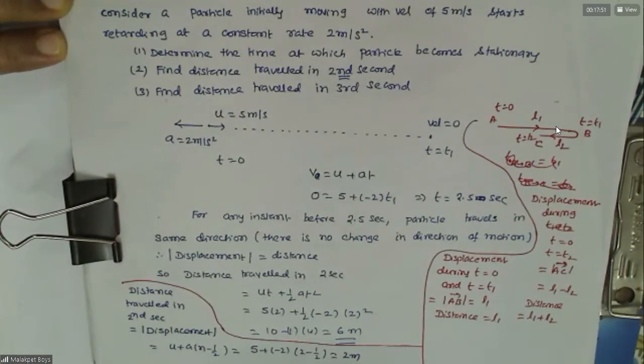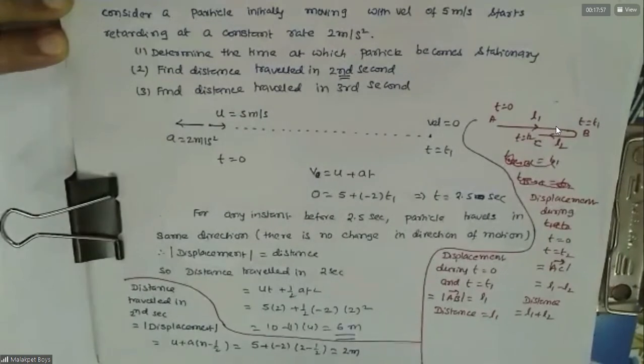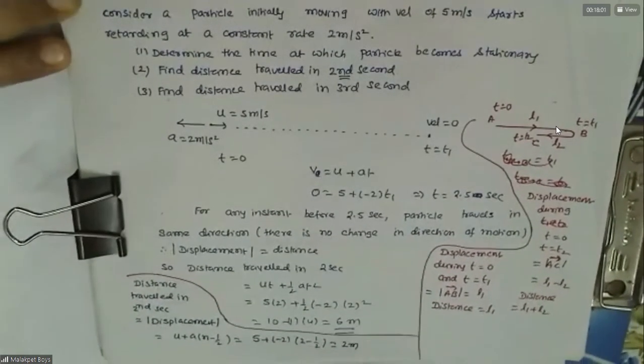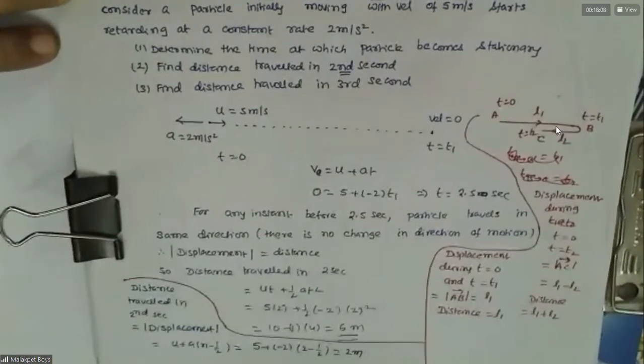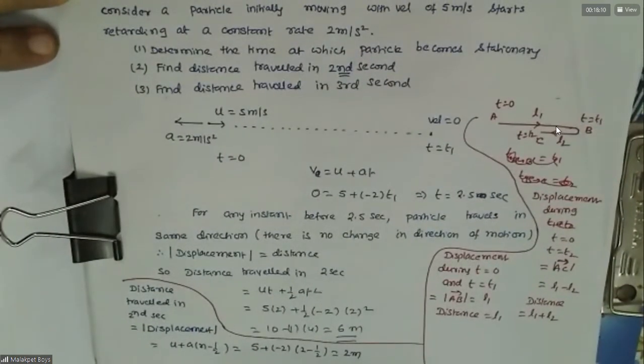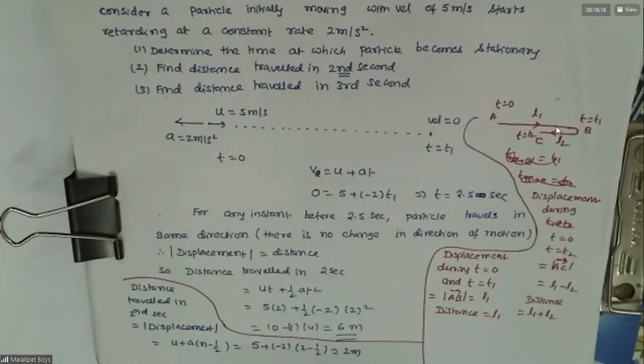Sir, it's 2 meters. Is it 2 meters, sir? 2 meters. 2 only, no? Yes, sir. Not visible. Now visible. My network problem. Shall I turn the page?